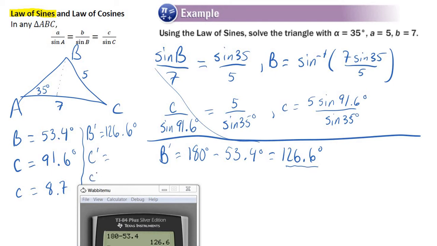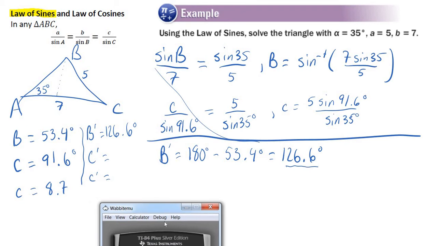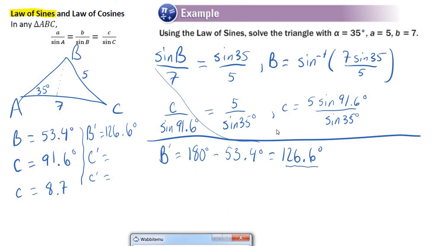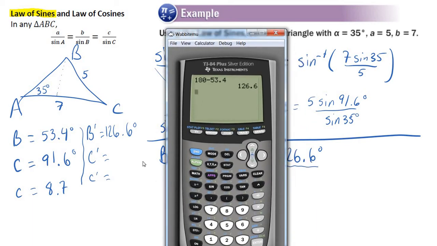So now I need to solve these other ones. So C prime and then little c prime. Now, once you've got that initial one, it's no different than what we've done. You just go through the same steps, except now you're solving for these alternate ones. So let's go up here. In fact, let's do C prime real quick.